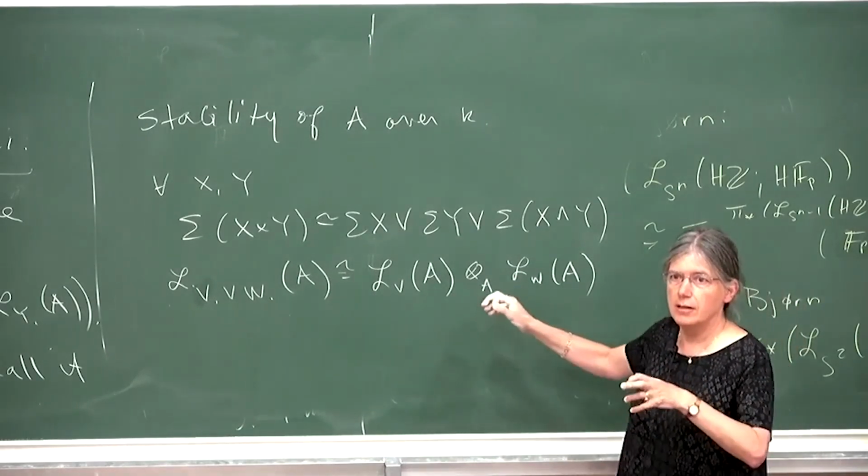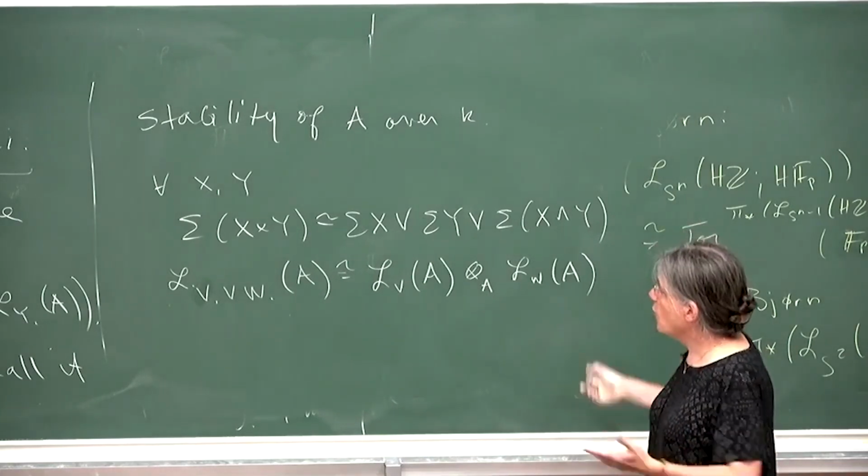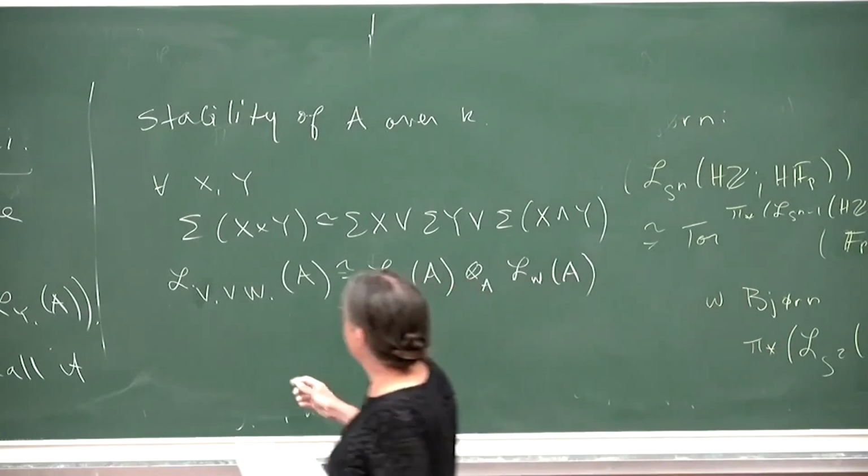So I'm just joining V and W along a point. The Loday construction on a point is just A.